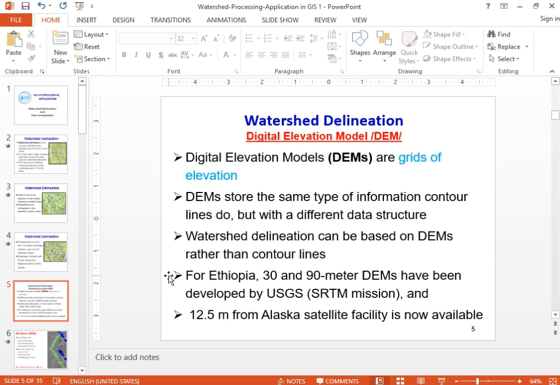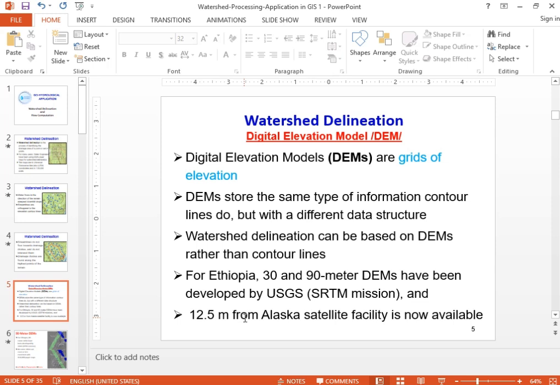For instance, in our context, we have 30 and 90 meter DEMs, which are developed by the SRTM team. In addition, we also have access to 12.5 meter resolution DEM data from the Alaska Satellite Facility. Still, we have 5 meter resolution DEMs.